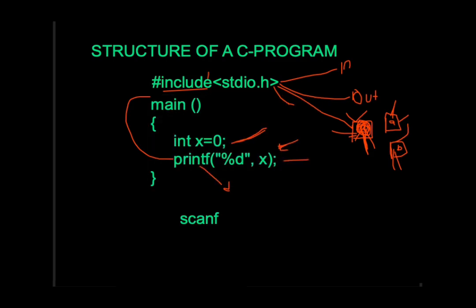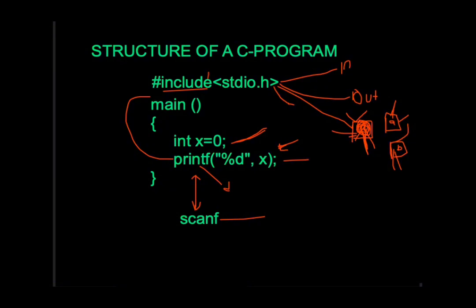What this means is take input. It's just like the opposite of the print function. So if print function is displaying, then scan function is going to be receiving. It takes something in.